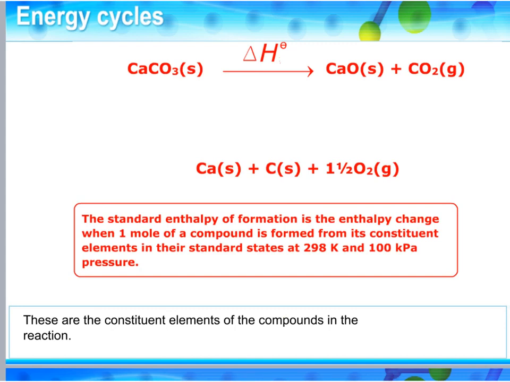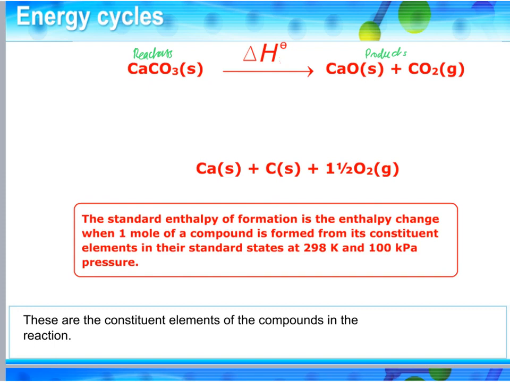So what are the constituent elements of both the reactants and the products? Here are the reactants and here are the products. Both are made up of identical elements. Otherwise, the elements on the reactant side can't differ from the product side, otherwise you've created matter.